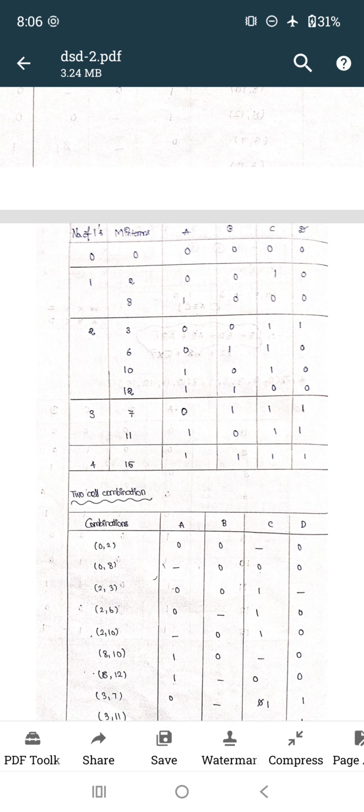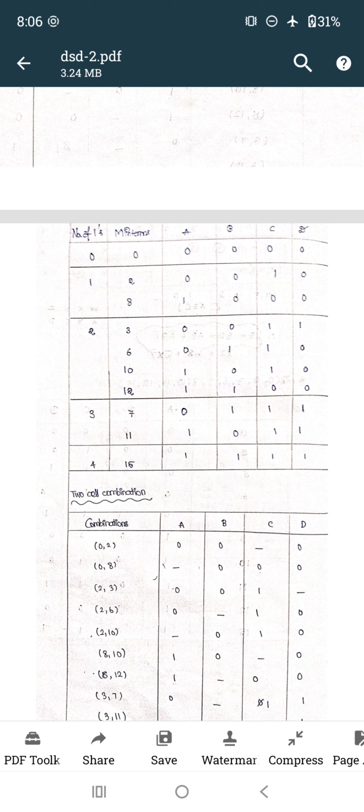In the case of 4 ones, 15 is grouped, which is 1, 1, 1, 1. So in the case of zero ones, the minterm is 0. For single ones, the minterms are 2 and 8. For 2 ones, the minterms are 3, 6, 10 and 12. For 3 ones, the minterms are 7 and 11.